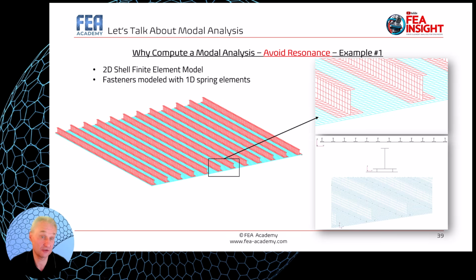Remember, in the equation of natural frequency, the two parameters which influence the natural frequencies are the stiffness and the mass. It is the reason why your model needs to be extremely accurate in stiffness and in mass. It is the reason why I'm modeling in detail the panel, the stiffeners, and the fasteners in my model.